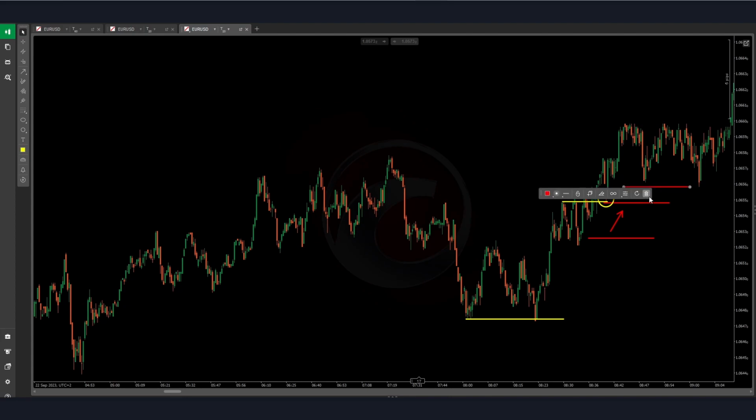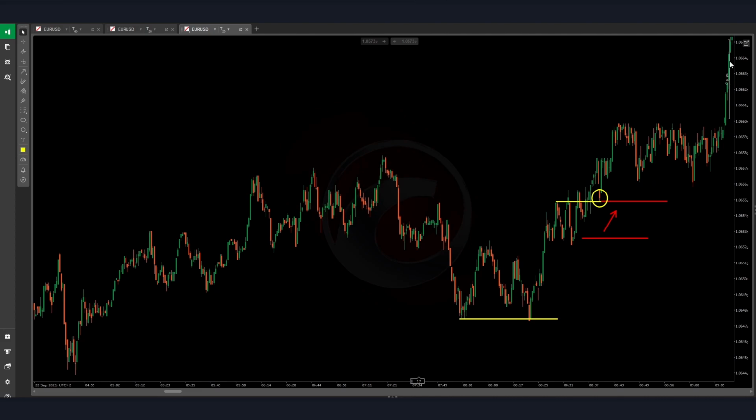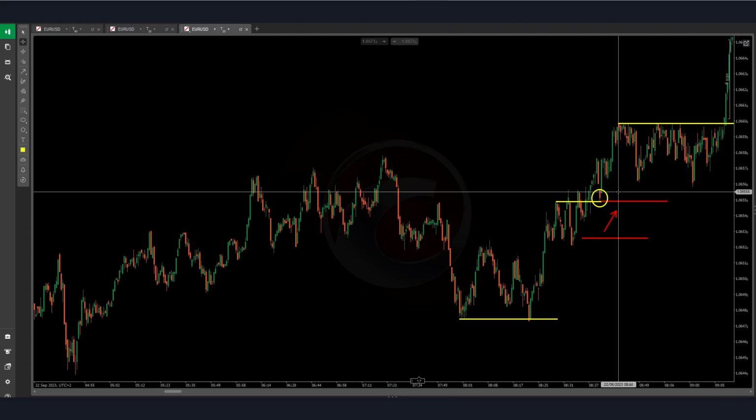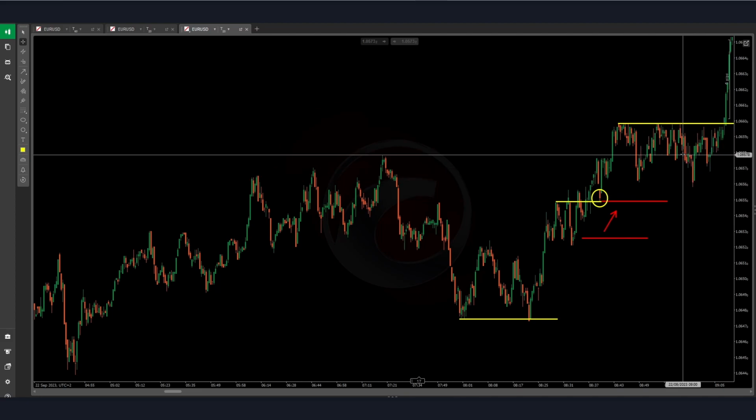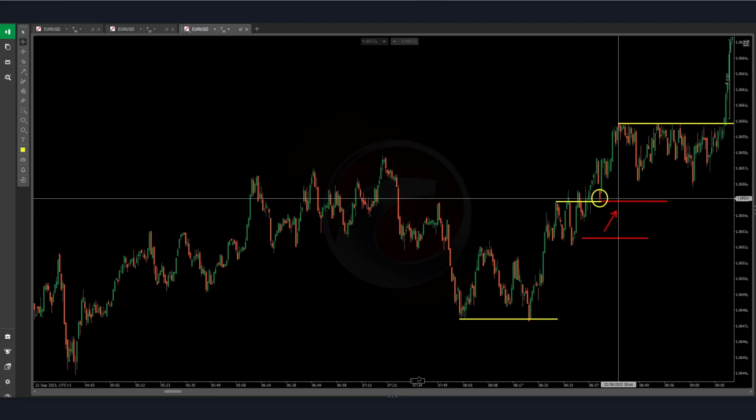So as you can see, this one would have been taken out. If we leave the trade at break even, safe, risk free, that's where we can get the maximum reward. So you have the breakout, and when you see the breakout, that's the best thing, because now you know there will be some volume. This one was also London Open.